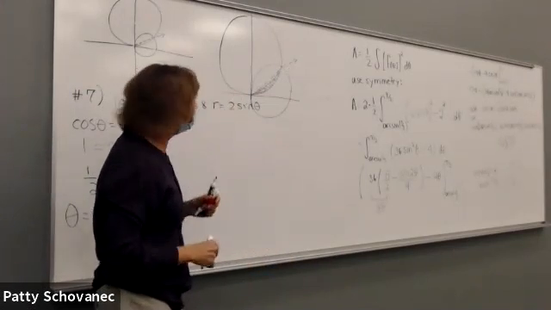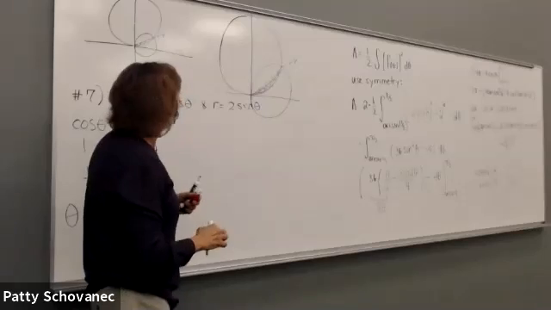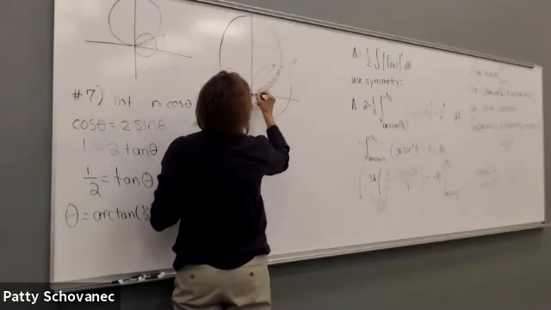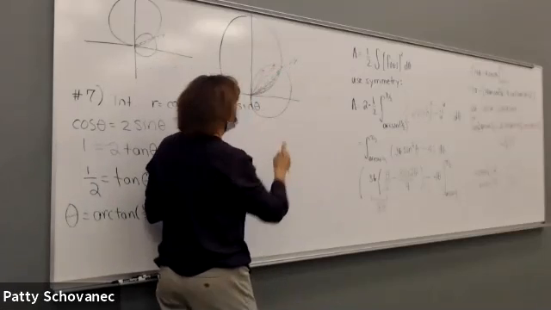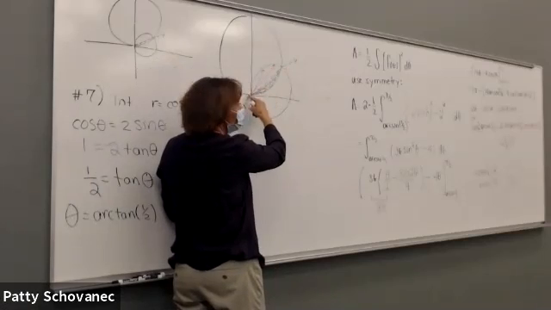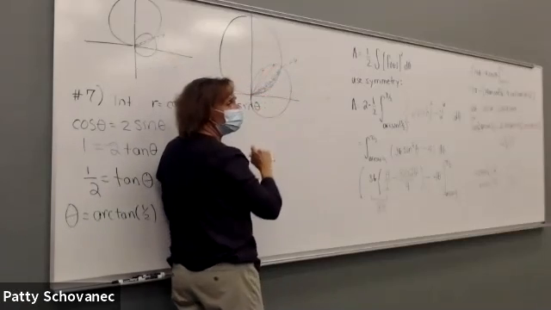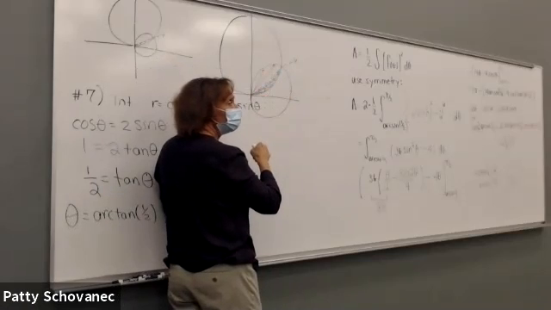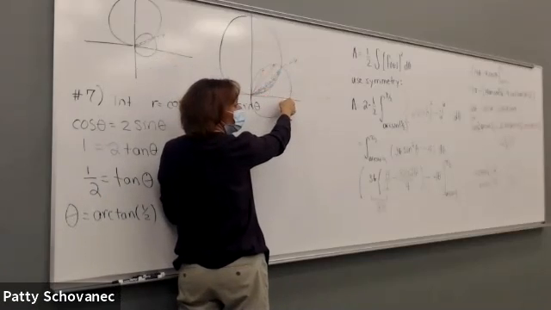But once I pass that angle, then my rays begin to hit the cosine curve. So from this angle until the cosine curve closes, what angle makes that cosine curve close? Pi over 2, right? Cosine of 0 is 1.